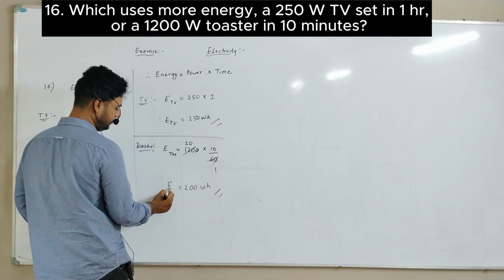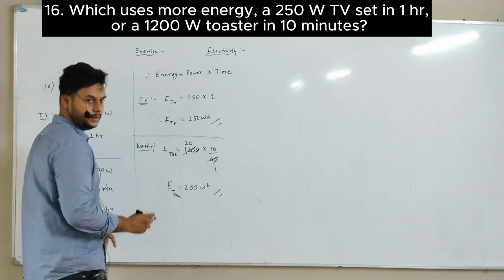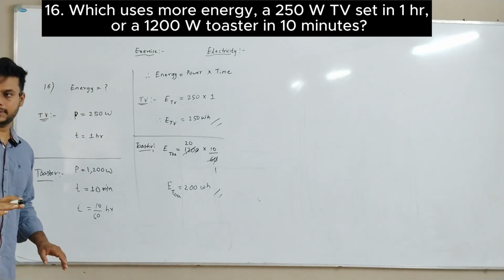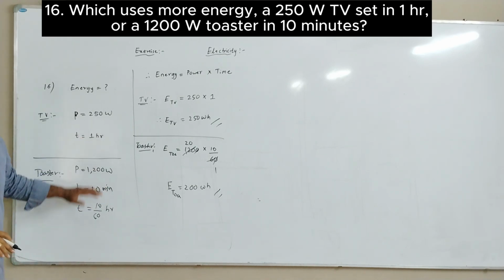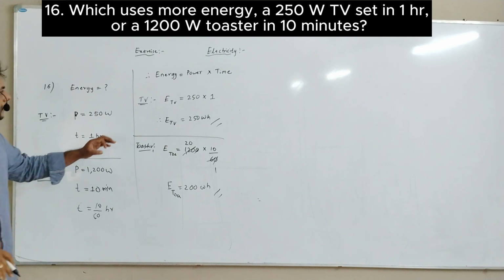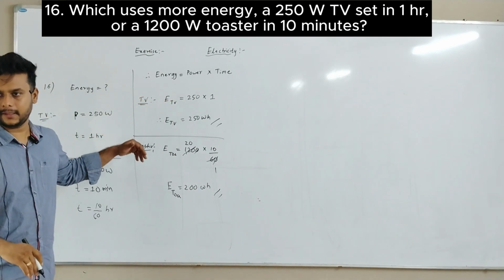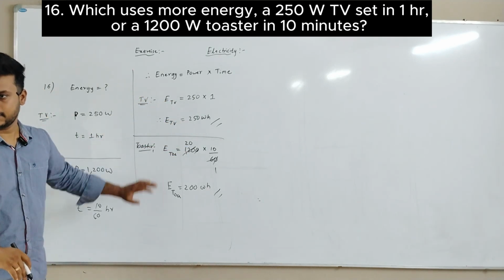Any doubts? Any doubts about what I did here? First, this was 1 hour, this was minutes. I converted into hour. Then one simple formula: energy is equal to power into time. I have power, I have time. Just multiply, you get these answers.